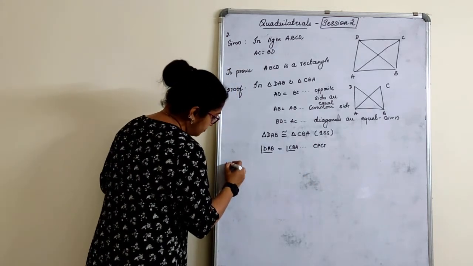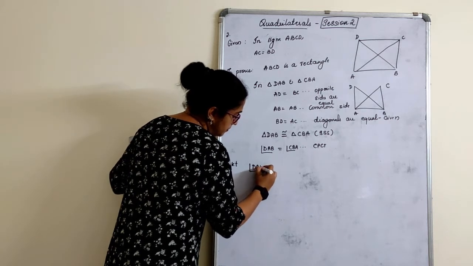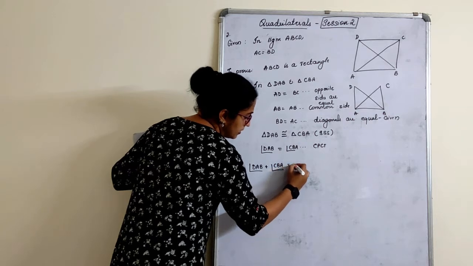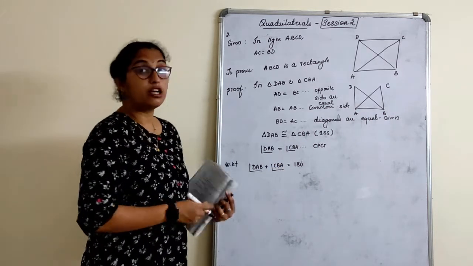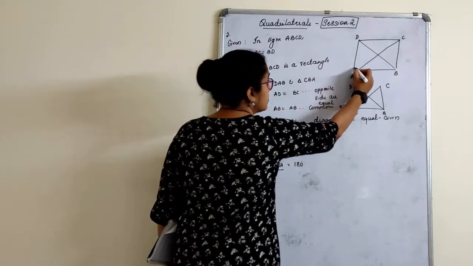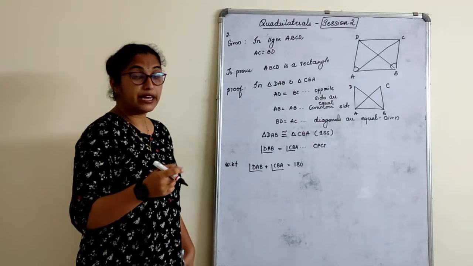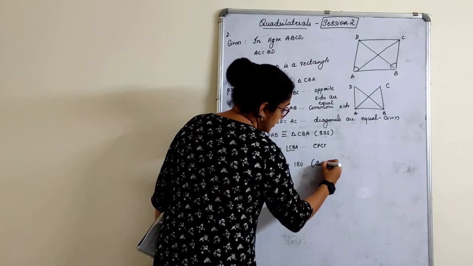We know that angle DAB plus angle CBA is equal to 180. Can you tell me why? Because these are consecutive angles of a parallelogram. In the property, what do we have? Consecutive angles are supplementary.